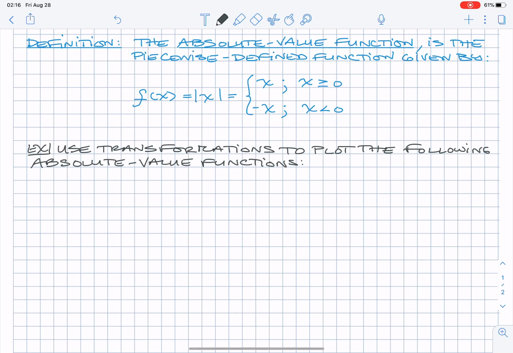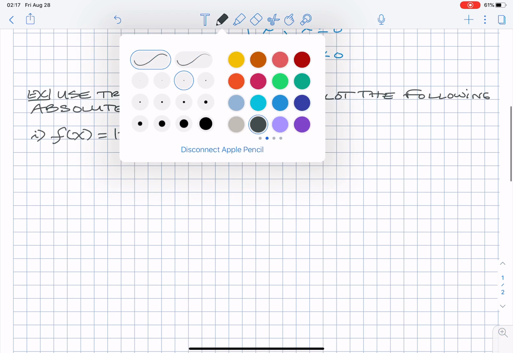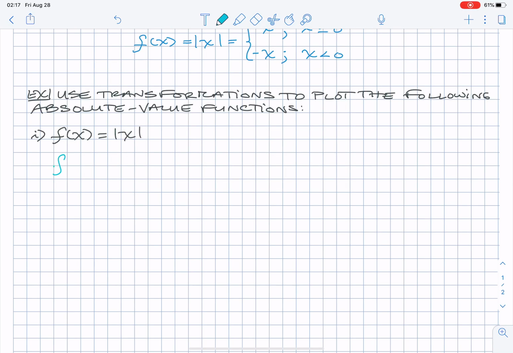Okay, so number one, let's say we just have the standard function. f of x is equal to the absolute value of x. If we have that f of x is just the absolute value of x, that's pretty straightforward.